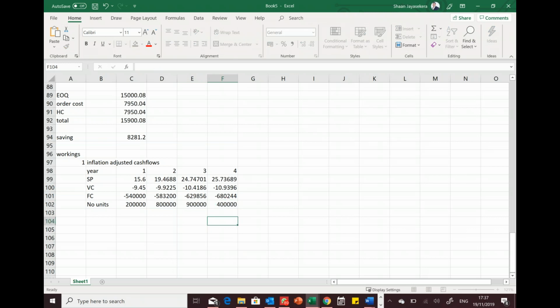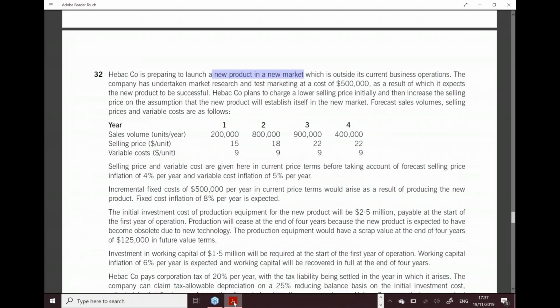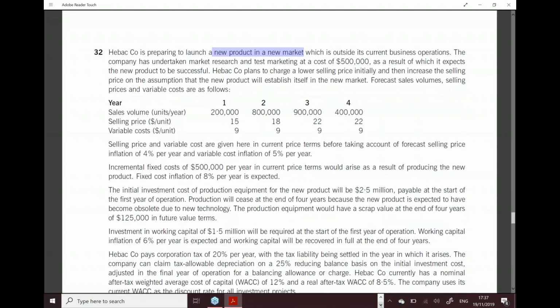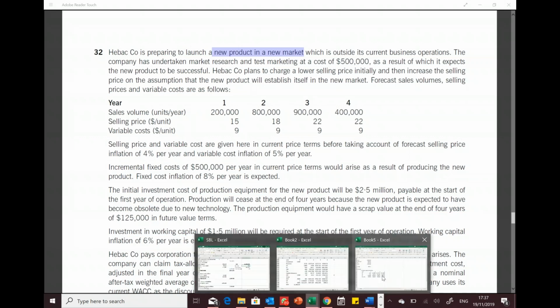Right. Okay. Now, what else have they told me? Initial investment. Okay, I know the 2.5 million. There's a scrap value. Working capital. So I need to do a separate calculation for my working capital, investment in working capital. So to work this out, I need to work out my working capital investment.